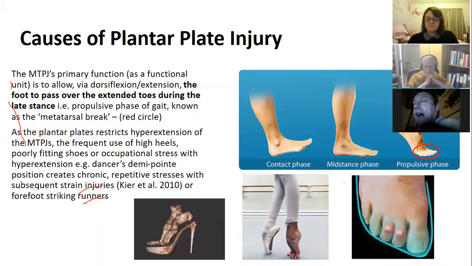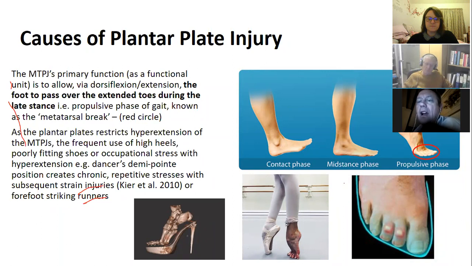Now, if we look at some of these occupational or footwear related inducements, if you like, of hyperextension of the toes at the metatarsophalangeal joints, let's look at this high heel shoe here, this platform shoe, where we see this lovely scan picture of these toes almost at 90 degrees against the metatarsal shaft. So look at, where do you think that compressional stress is going? It's going directly down that metatarsal shaft into that plantar plate.